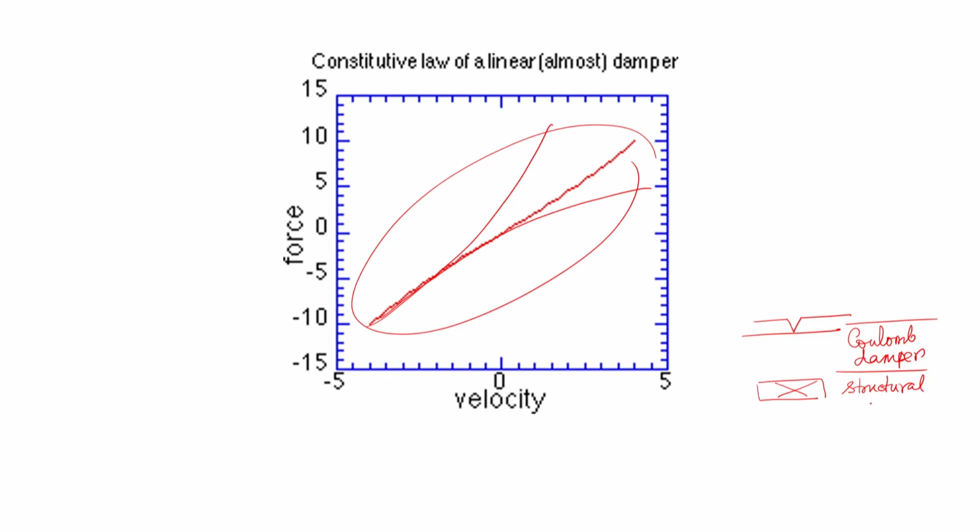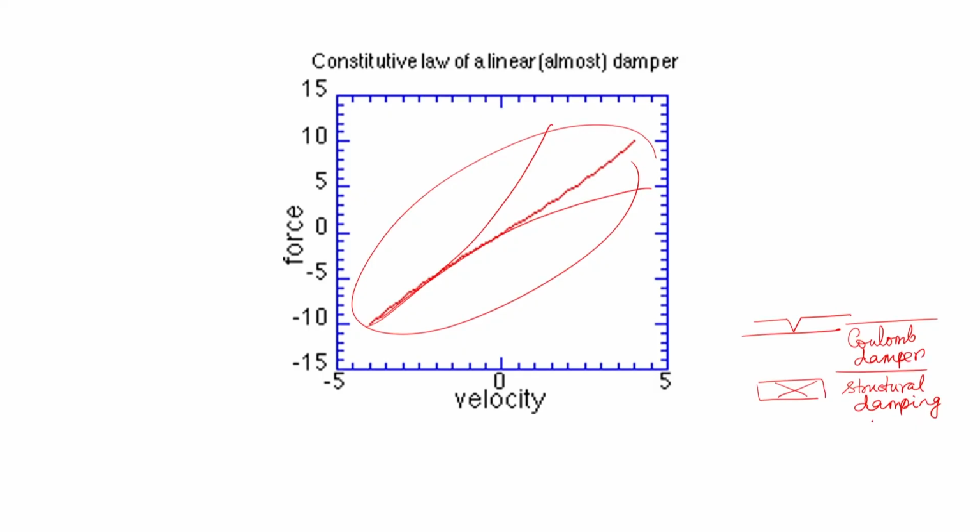The energy dissipation takes place because of certain energy dissipation mechanisms inside the structure. Suppose the grains of a metallic structure move against each other and dissipate energy, as one example. Then it will be structural damping.